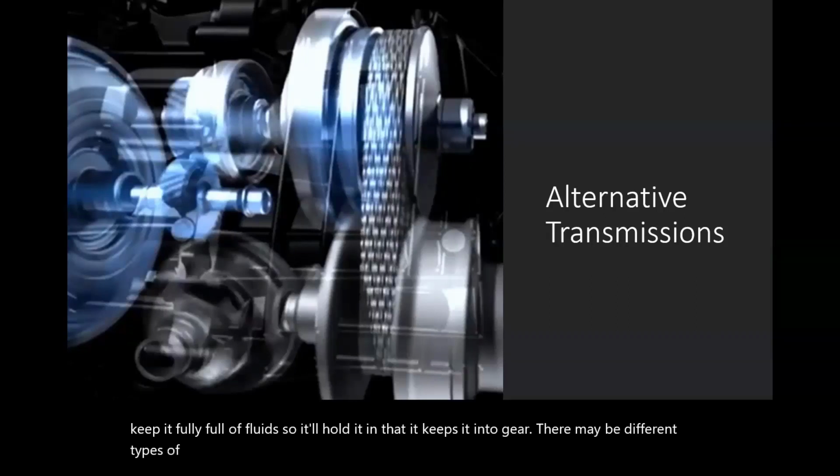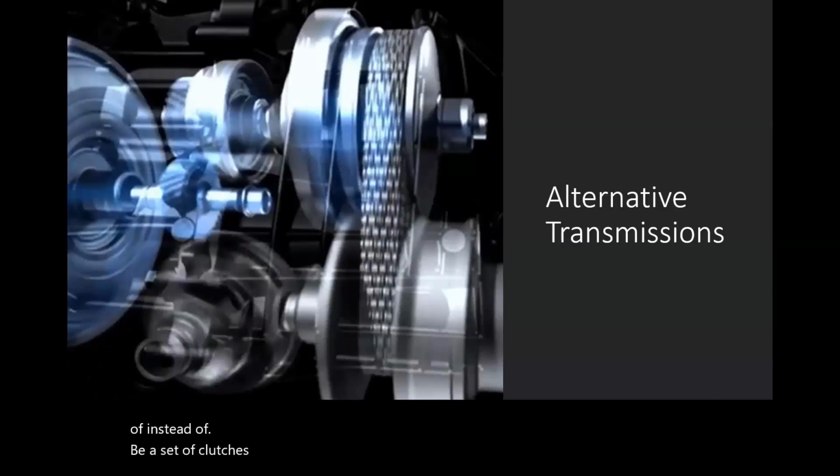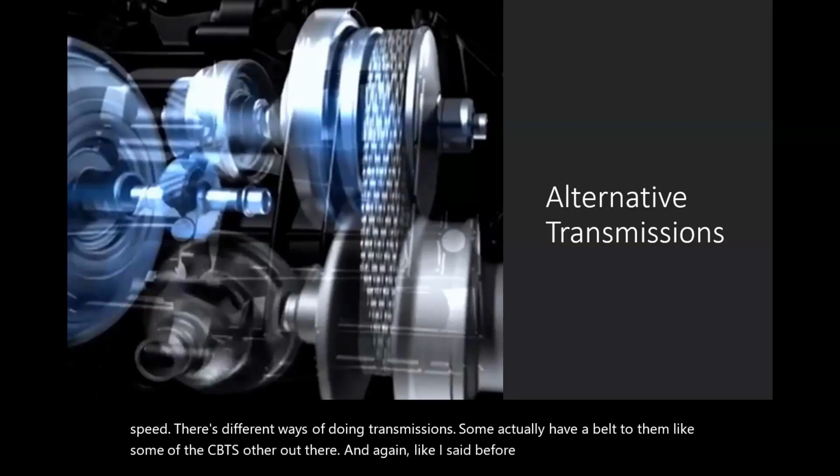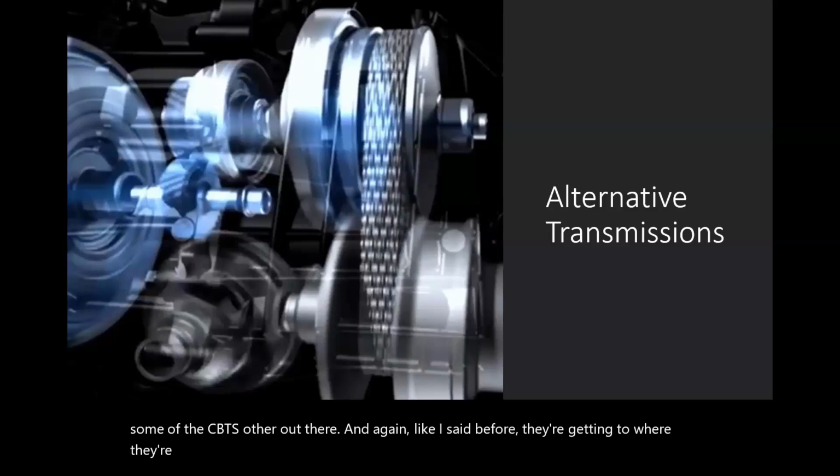Instead of a set of clutches, we may just have one big sun gear that can actually change in speed. There's different ways of doing transmissions. Some actually have a belt, like some of the CVTs that are out there. And again, they're getting to where they're electronically shifted instead of manually shifted into gear. And then also we have dual clutch transmissions.